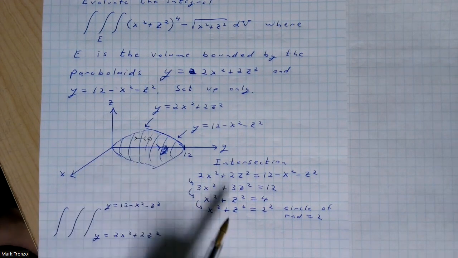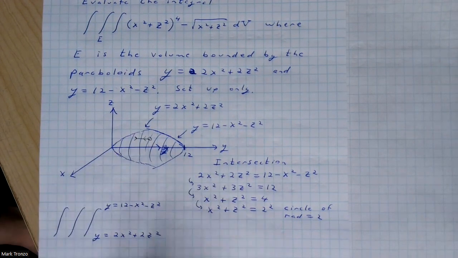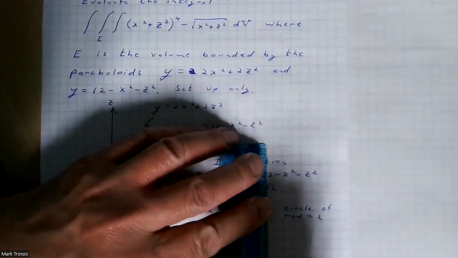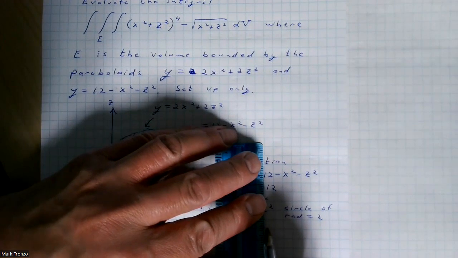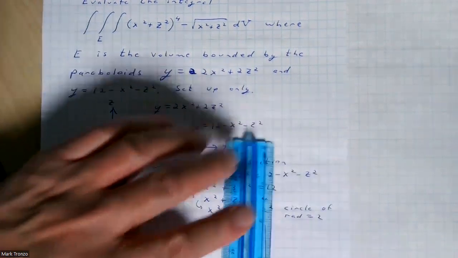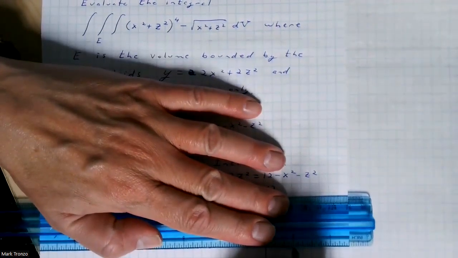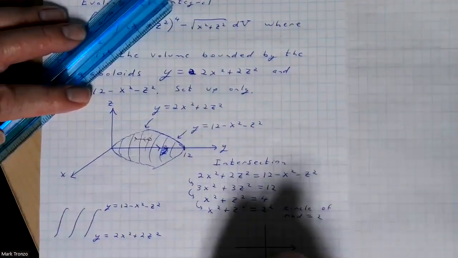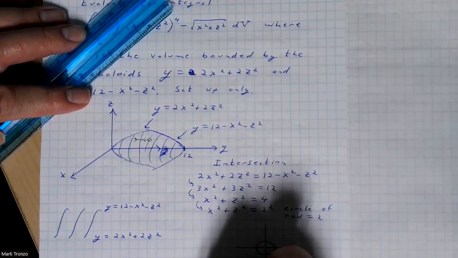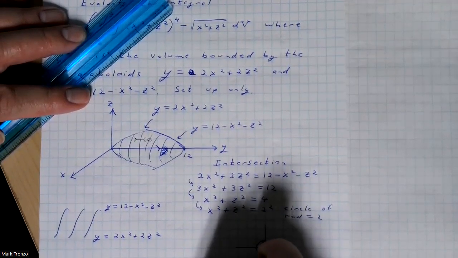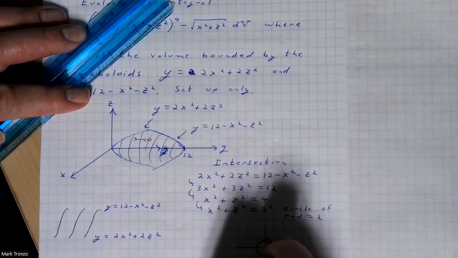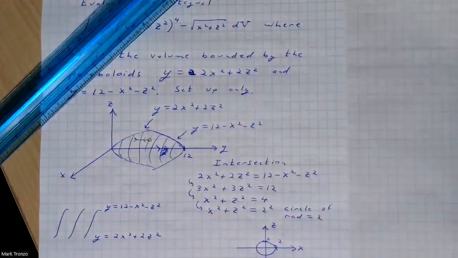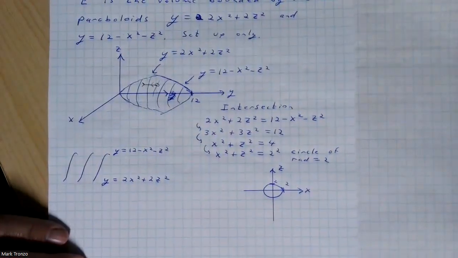And then the last two bounds on the xz plane are just going to be a circle of radius 2, on x and z, like this.